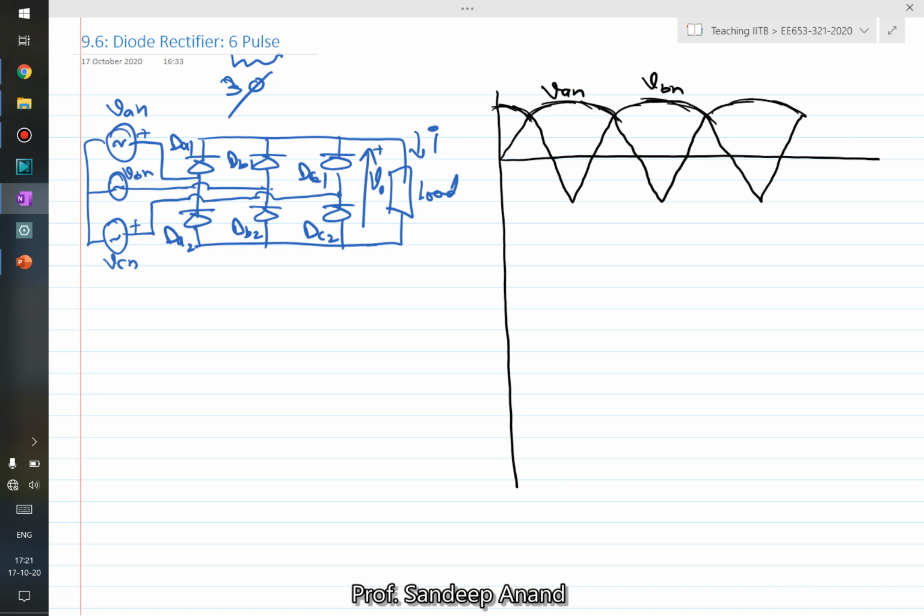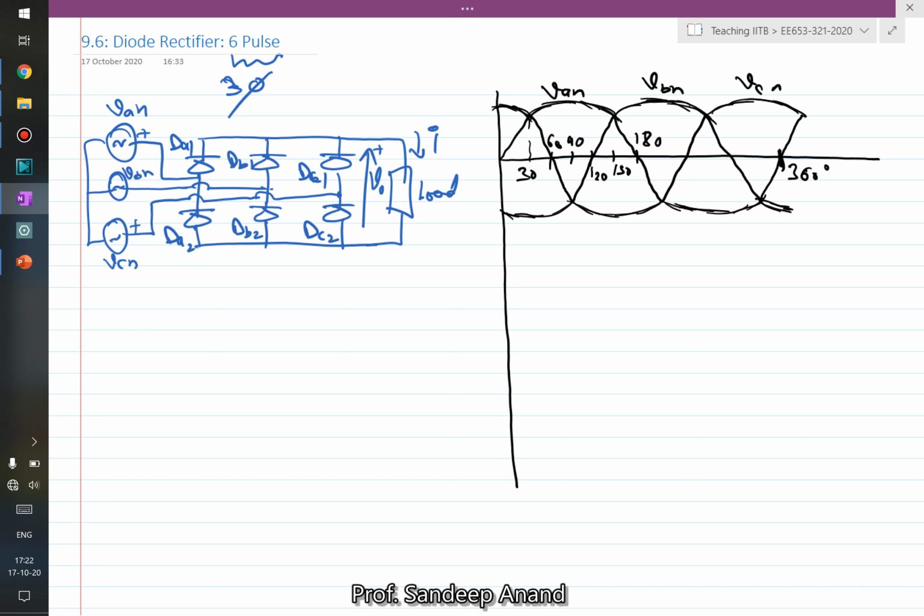Followed by phase B, followed by phase C. And this is where you complete the 360 degrees, right? This is 30, 60, 90, 120, 150, 180, right? This is the half cycle, and then the remaining part is the complete cycle.